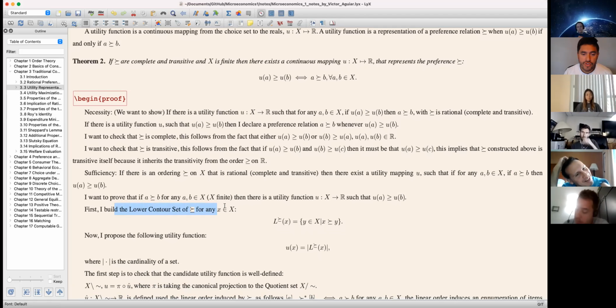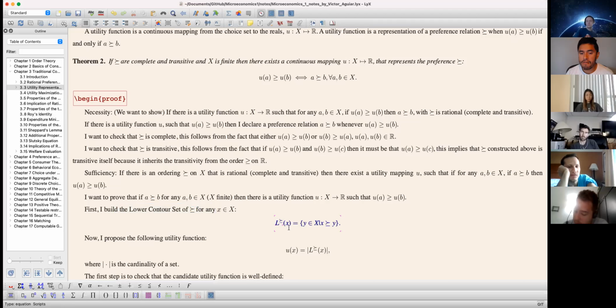The lower contour set is basically this set that depends on the preference and on an item, and describes all elements in X that are dominated according to the preference relation by x. So you fix x, you fix a preference, and then you take all y's that are dominated in the preference sense by x. What does it mean? It means all the objects that are weakly worse than x. Do you agree?